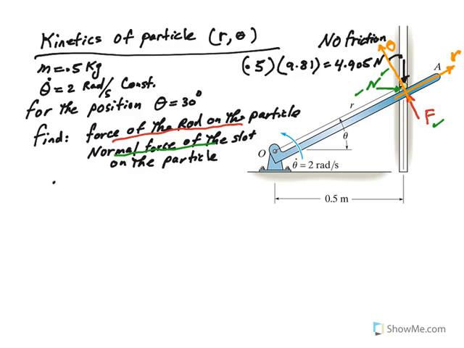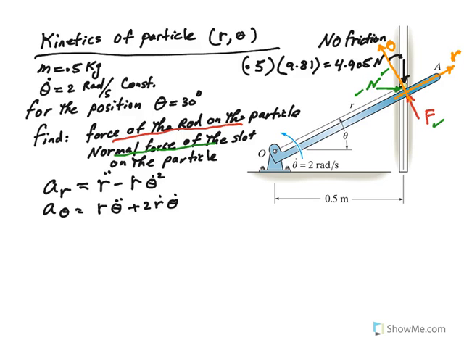You guys know that the radial component of acceleration is equal to r double dot minus r theta dot squared, and a sub theta is r theta double dot plus 2 r dot theta dot.